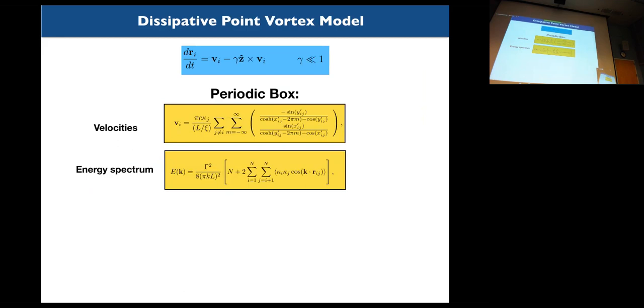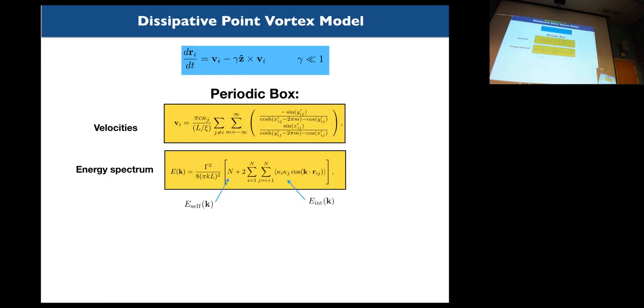And we're going to do what you usually do when you want to look at these cascade theories and forget about the complications introduced by boundaries. So we're just going to look at our system in a periodic box. We can write down an expression for the vortex velocities in terms of all the vortex positions, which is somewhat complicated, but you can write it down. And we can also write down an expression for the kinetic energy spectrum.